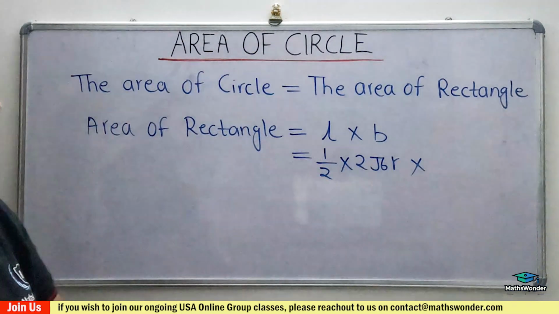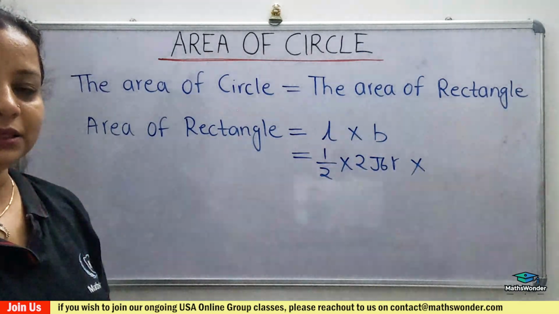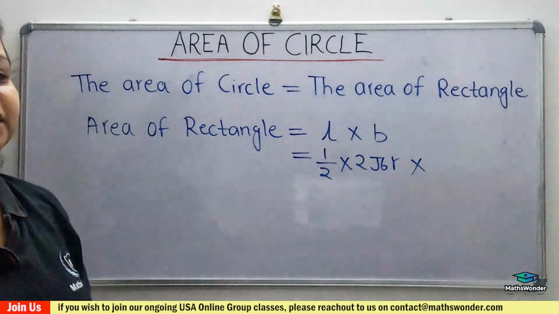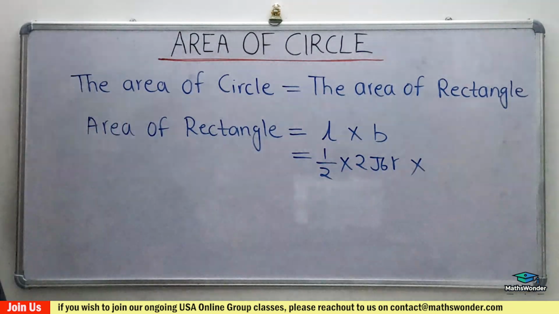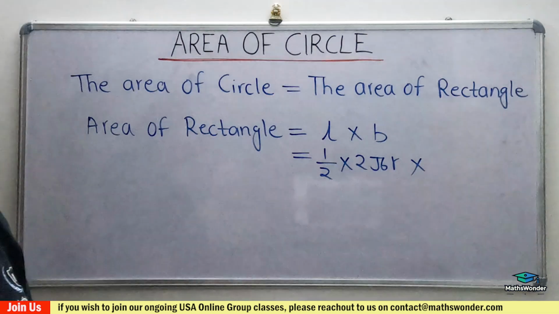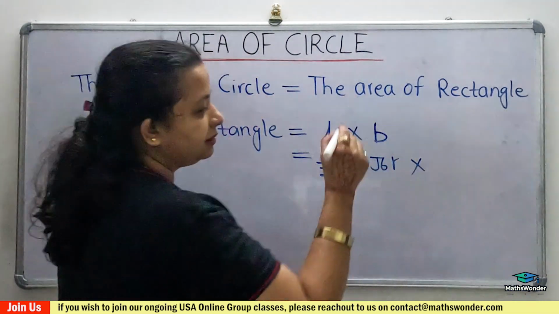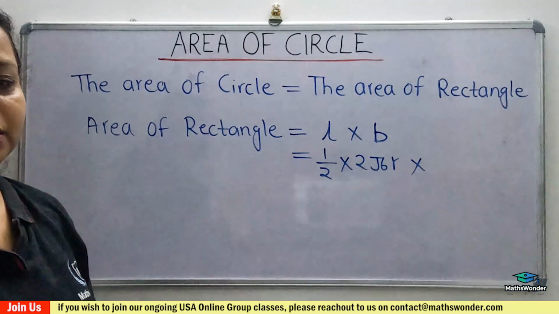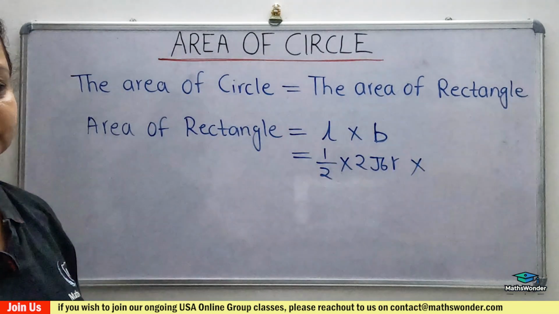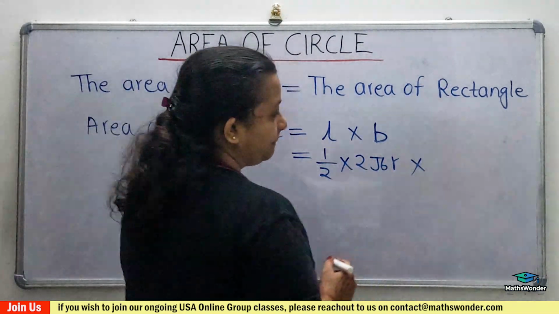Yeah. All right. What was the breadth of the rectangle according to the figure? See the figure and check. What was the width of your rectangle in that shape you just made?